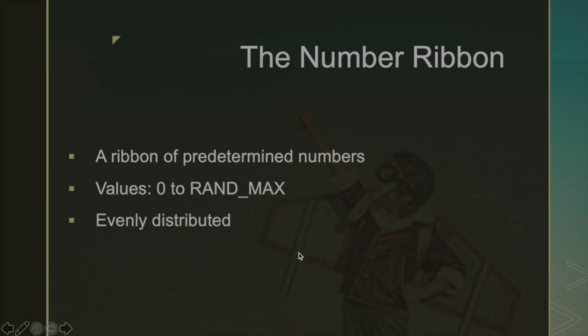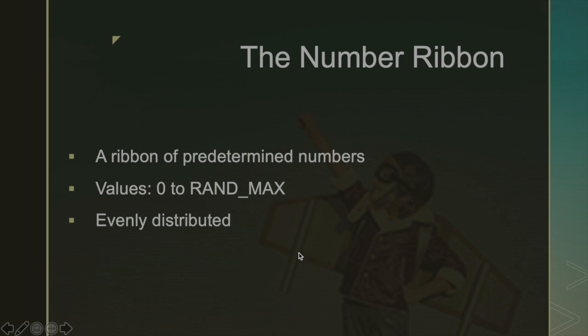And then also the numbers are evenly distributed. Of course, when they try to simulate a real random number generator, I don't want to go too far into this. You can tell this is not a real random number generator. It's kind of making it look like one.